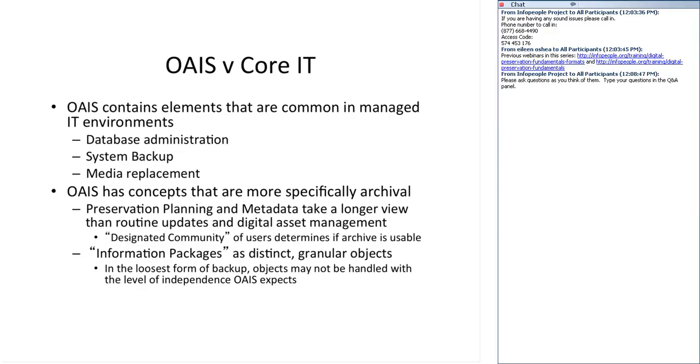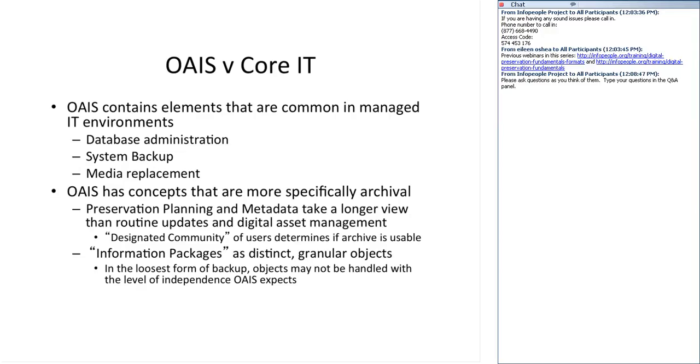The designated community of users in, say, an advertising agency tends to have a much shorter horizon for their use of digital content than humanities researchers or historians of science. Many of the same things happen. Content's created, it's managed for a period, metadata is attached to it, it's distributed to users. But the horizon over which we're doing that is different.